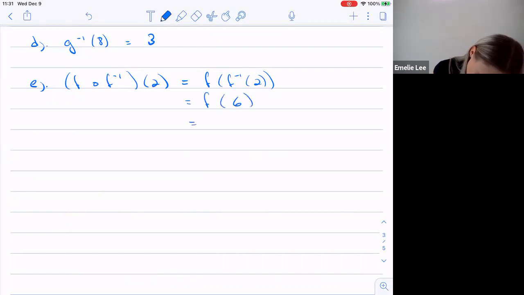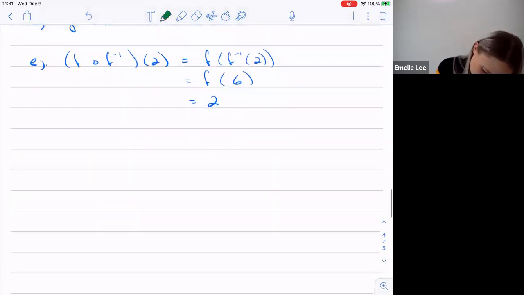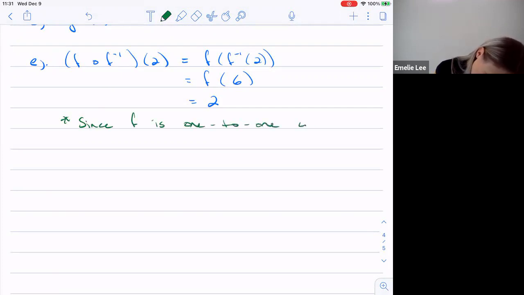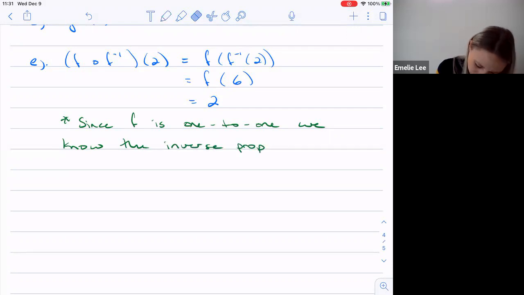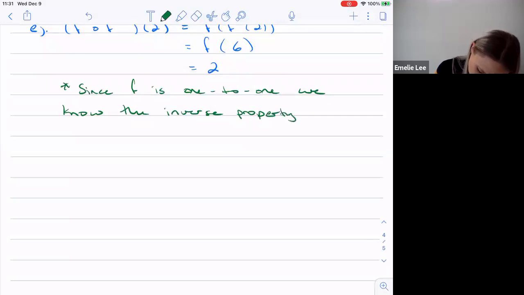Since f is 1-to-1, we know the inverse property holds. f composed with its inverse of x should equal x.